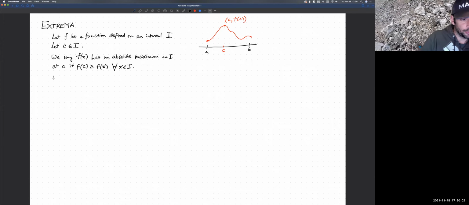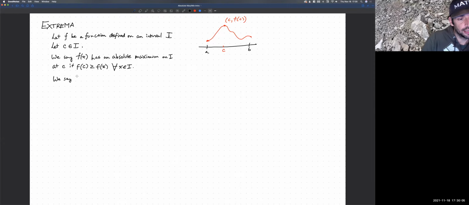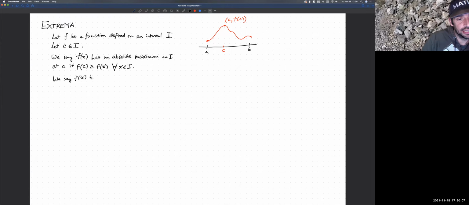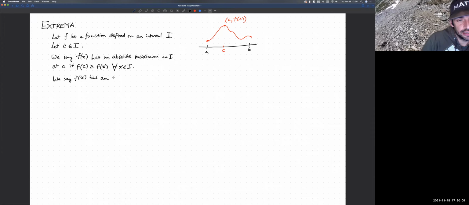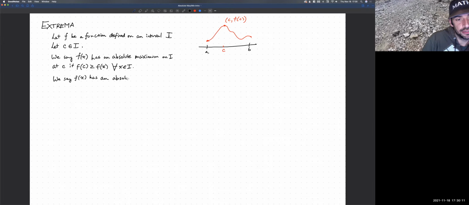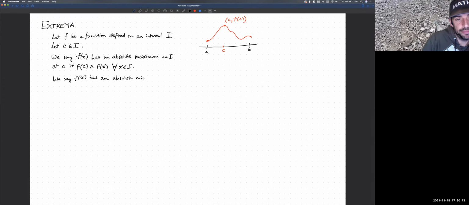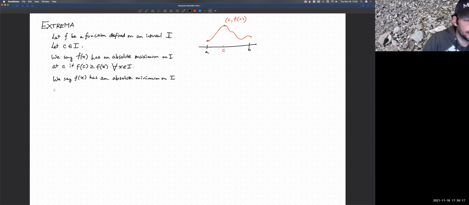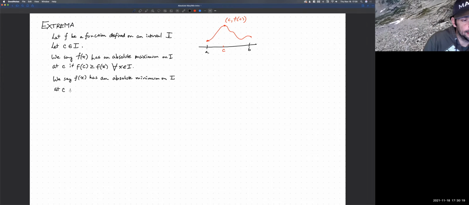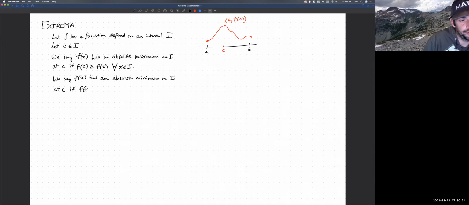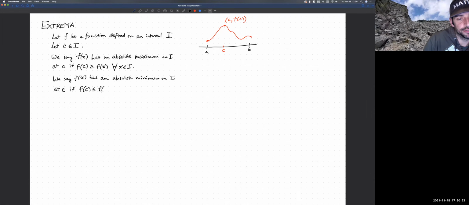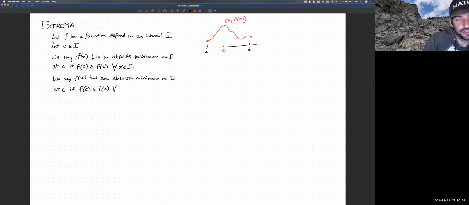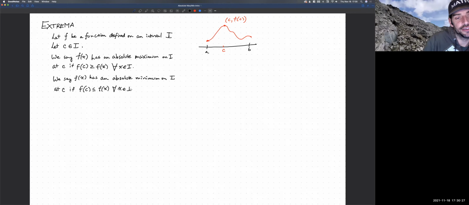And then in a similar way, we say f of x has an absolute minimum on I at C if f of C is less than or equal to f of x for all x in this interval.